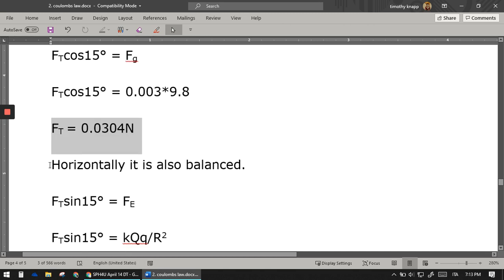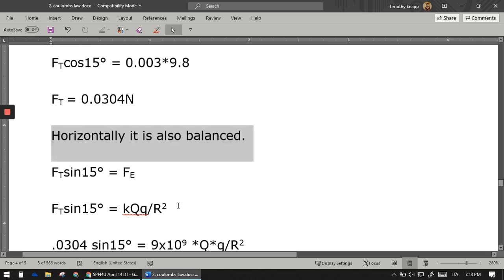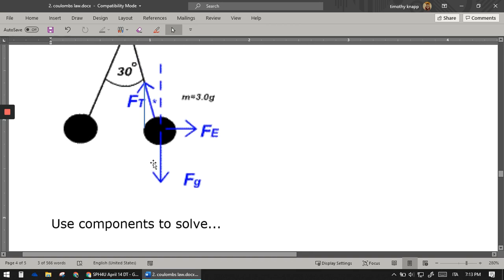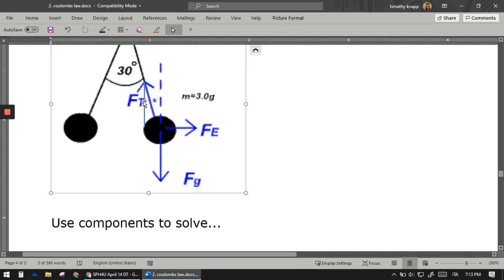Okay. But then horizontally, it's also balanced. And so therefore the force of tension times sine of 15. The reason why it's sine of 15 is because if we take this and put it horizontally instead, this is the x component of this force of tension, right?